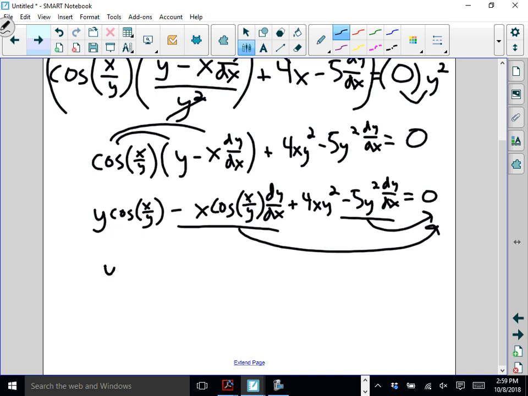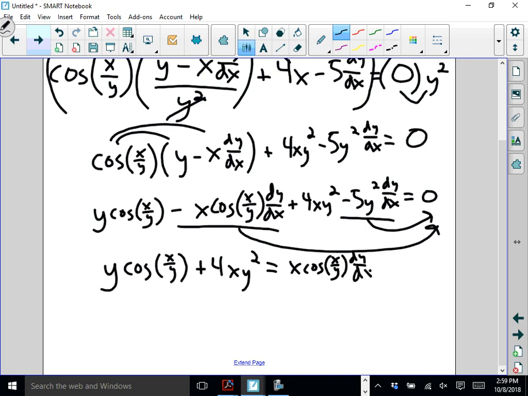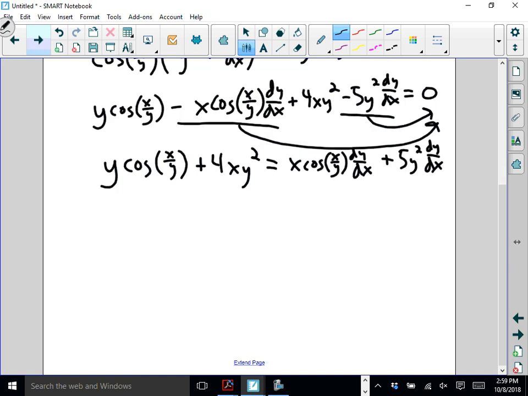So here's what I get. You don't have to do it this way, but this is how I like to do it. So I added my dy dx, the dy dx's were the ones I actually moved.